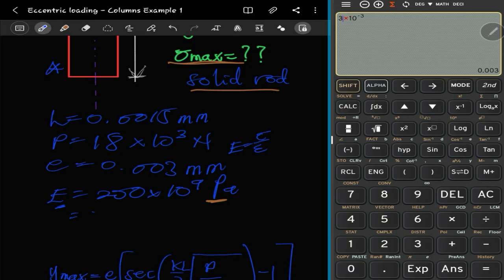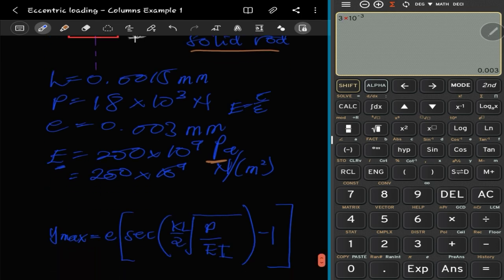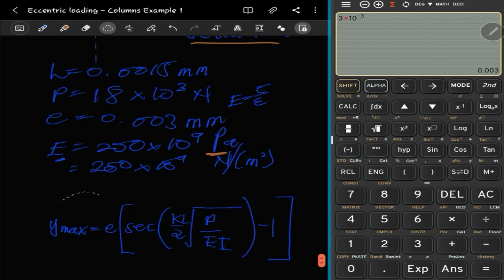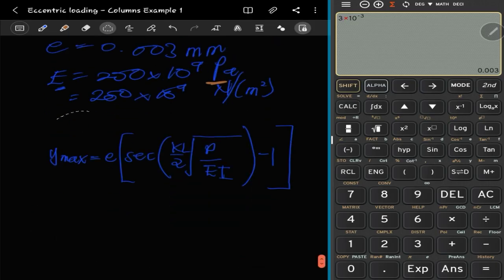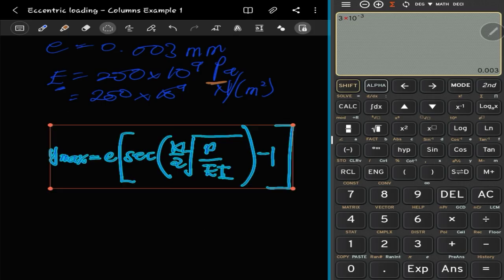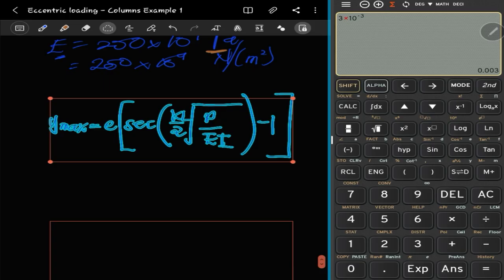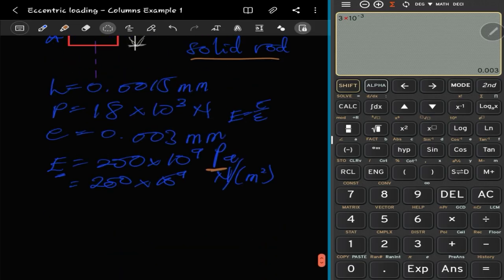So this E here is 200 times 10 to the power 9. This pascal here means we have newton per meter squared. But if our plan at the moment is to change it to mm, this is what we do.